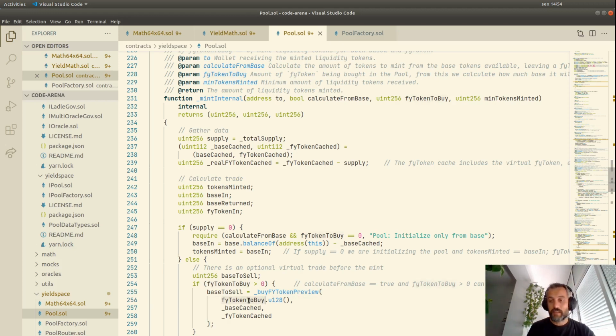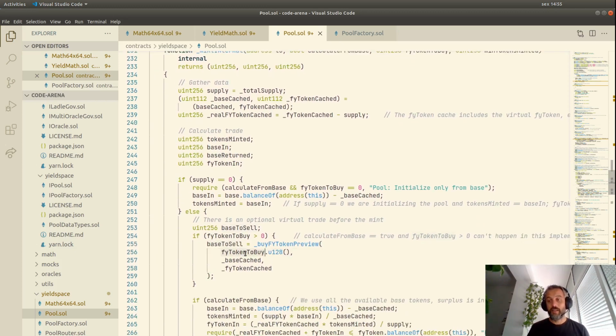If I buy this much FY token with this base and this FY token that I have in the reserves, then he will have to sell me this much base, this much underlying. Okay, so then it knows that if this trade would happen, I would have to add this much to the FY token that he's providing, remove this much to the underlying that he needs, and also apply this to the reserves.